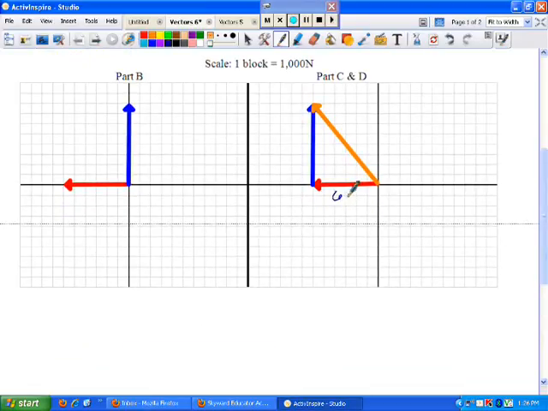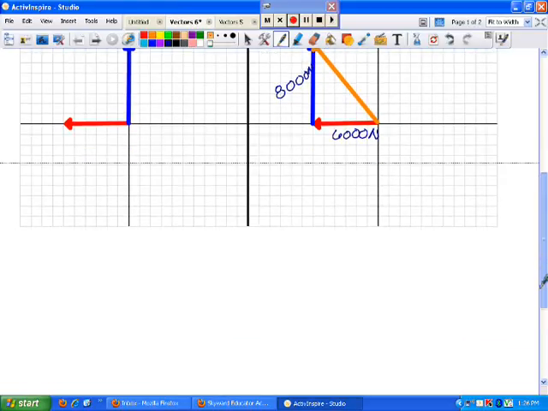Now, using the Pythagorean theorem, I can solve to find what the resultant force is that is acting on our cruise ship.